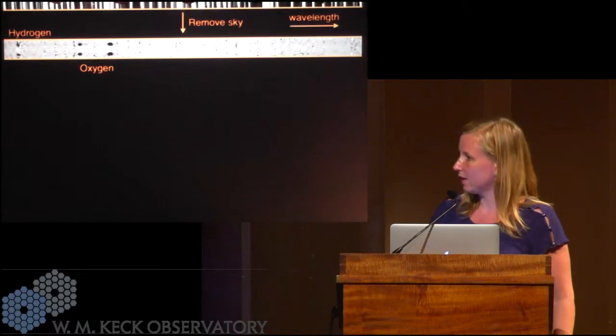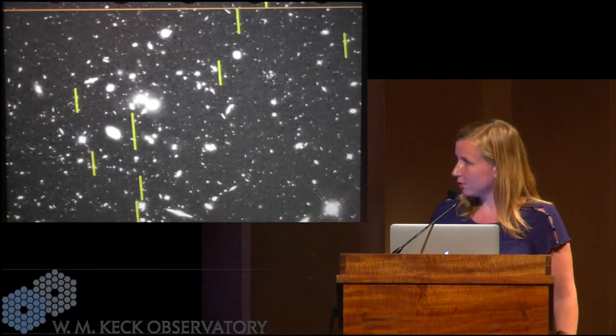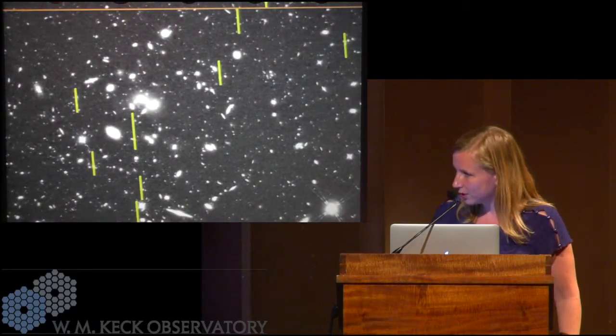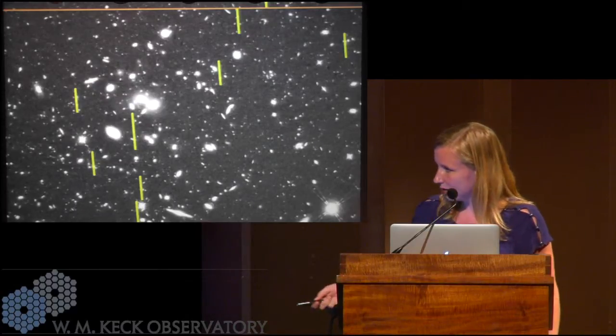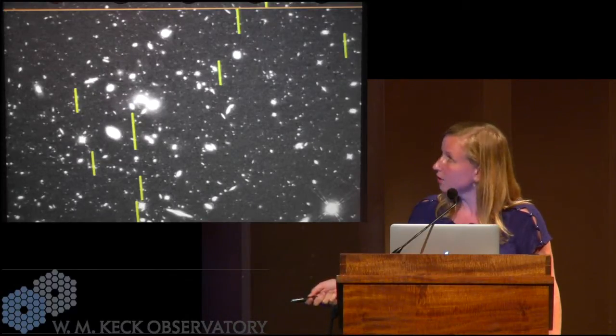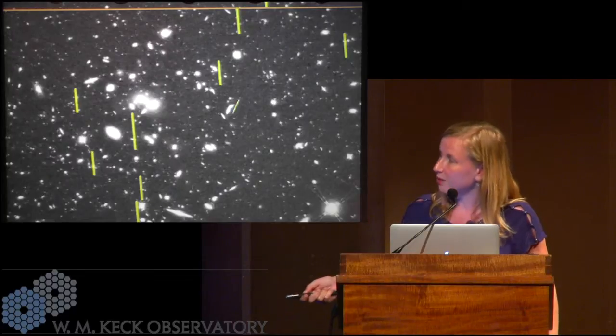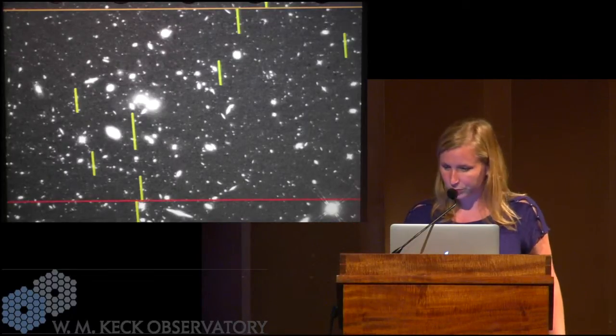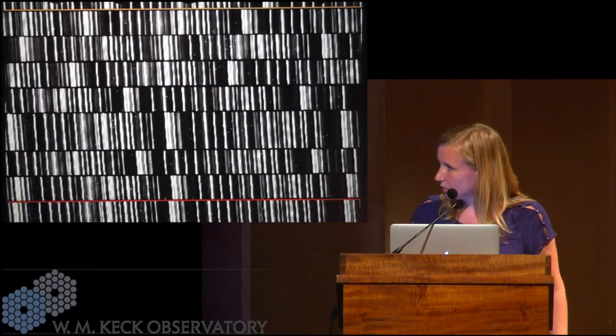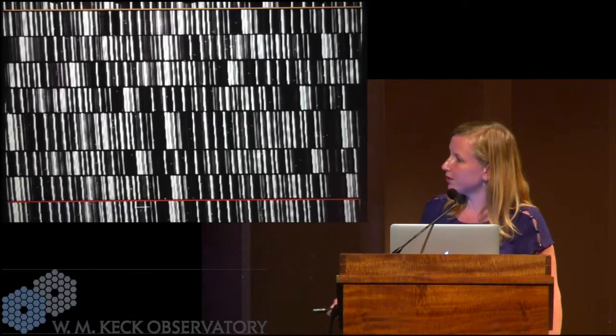Okay, let's look at another galaxy. Let's look at the one down there, which is also, unfortunately, a little cut off, but it's the one over here. It's actually a little bit brighter than the galaxy over there. Again, we do the same thing.